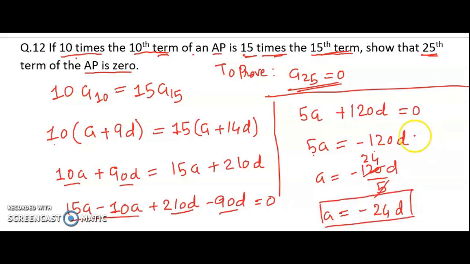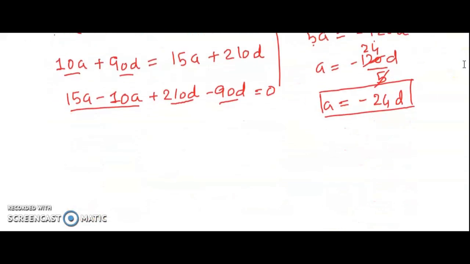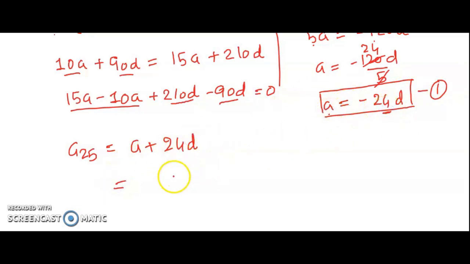Now we want to prove that a25 equal to 0. If you put the formula of a25, a25 equal to a plus 24d, and this is equation 1. So from equation 1, in place of a we can write minus 24d.